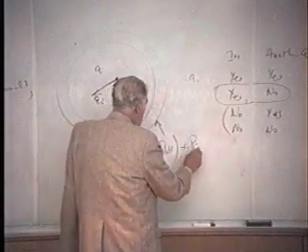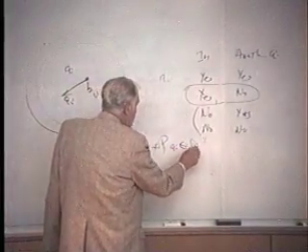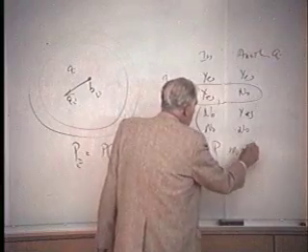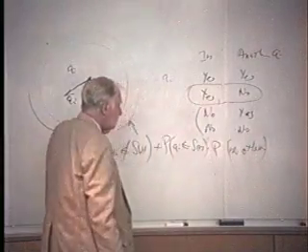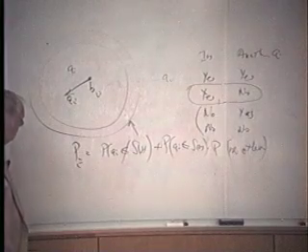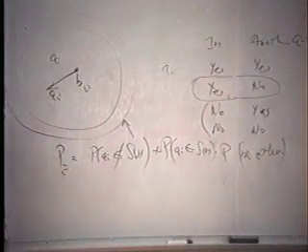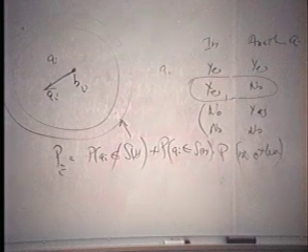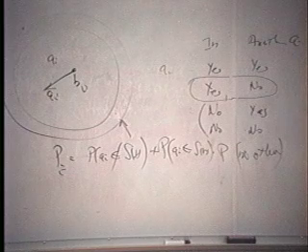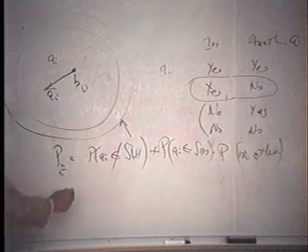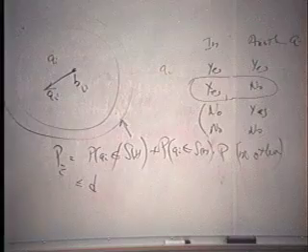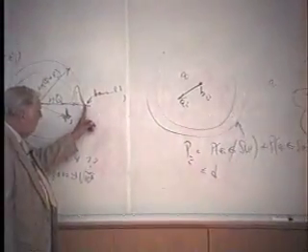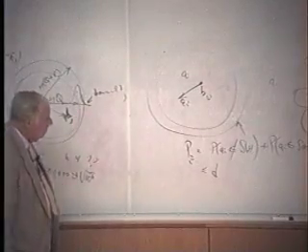Plus, the probability that AI is in the sphere times the probability no other. Well, this one. I claimed I could make the n so large that this amount could be made as small as you please. I'll call it the amount d. By picking n sufficiently large, the probability that the AI I sent is not in the sphere, is out in that little tail, you can make it as small as you want.